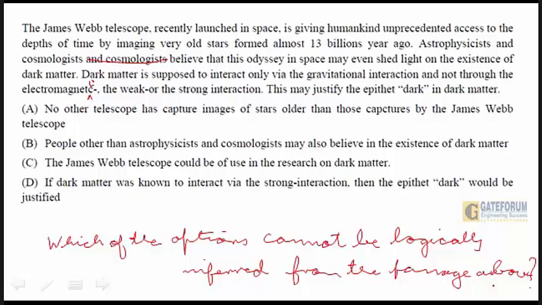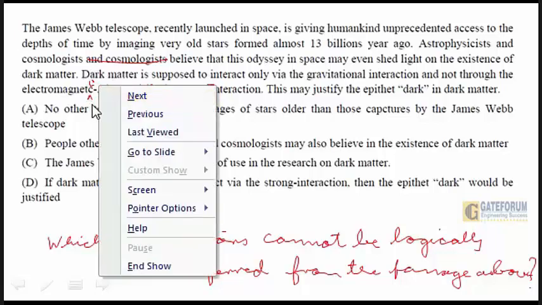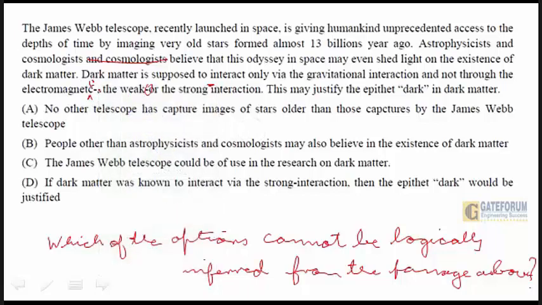Now the second sentence says dark matter is supposed to interact only via gravitational interaction and not through electromagnetic interaction. Okay, electromagnetic interaction, either weak interaction or strong interaction. Okay, in fact, this hyphen has been placed in a wrong part. It should have been after the strong. The hyphens should have been placed like this, and this full stop is also very wrongly placed.